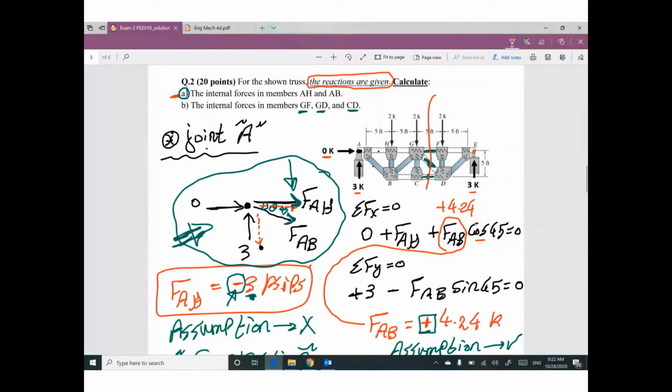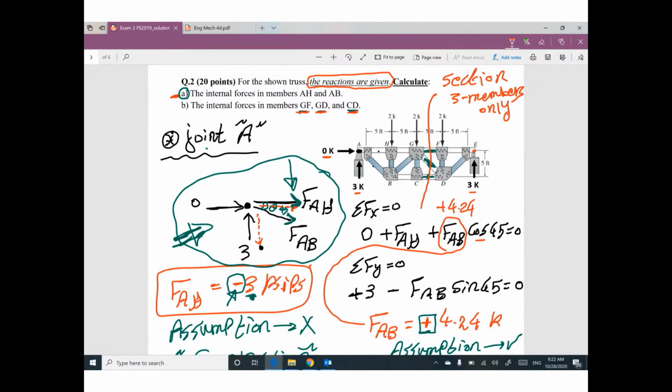I will do a section, and this section will cut 3 members only. That makes sense. We are looking for 3 members, and I can do 1 section to cut these 3 members. I am good.